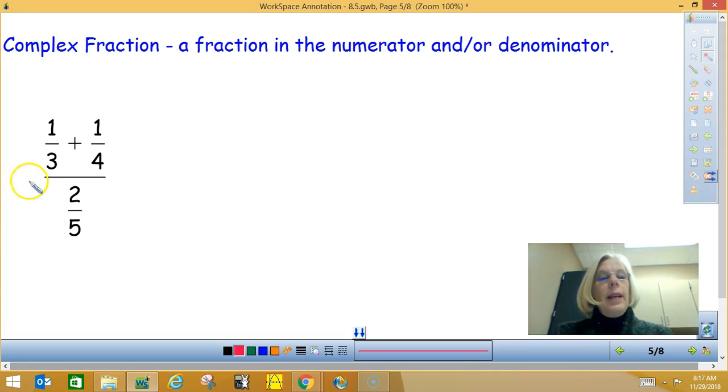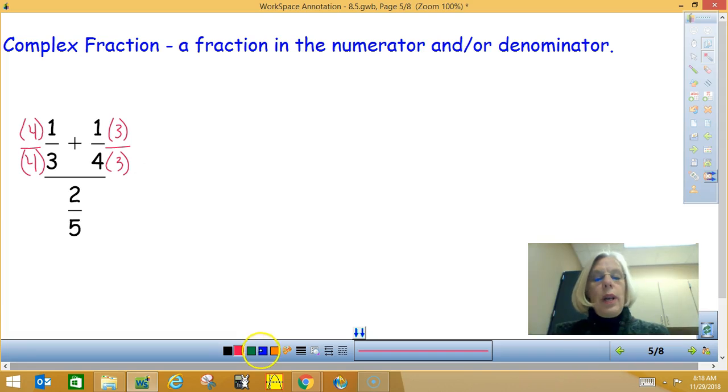So, to simplify, in the numerator, we have to add 1/3 plus 1/4. We need a common denominator, and that will be 12. So we'll multiply 1/3 by 4/4, and we'll multiply 1/4 by 3/3.